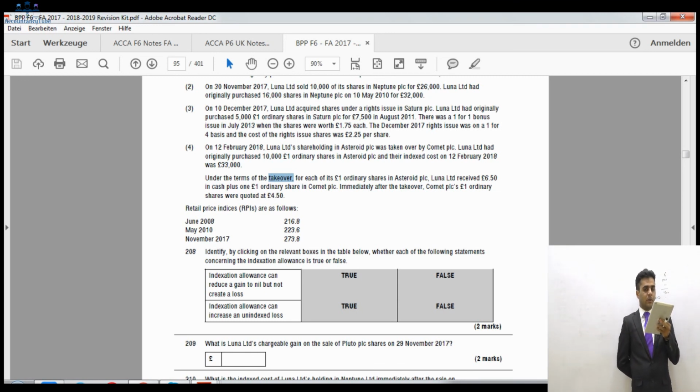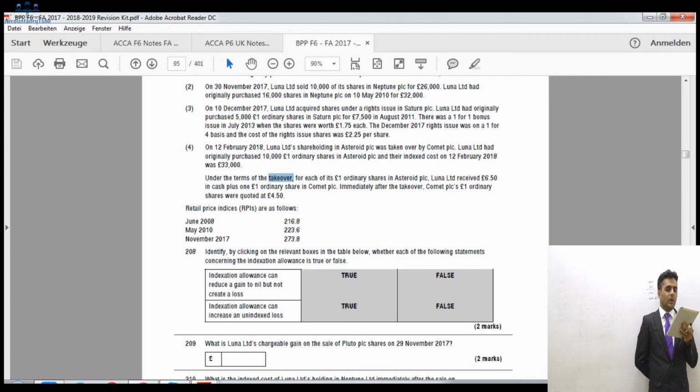So £6.50 is the cash for every share. She holds 10,000 shares, so 10,000 times £6.50. And then it says plus £1 share in CPLC as well. So divide that by 650 times 10,000 plus 450 times 10,000.